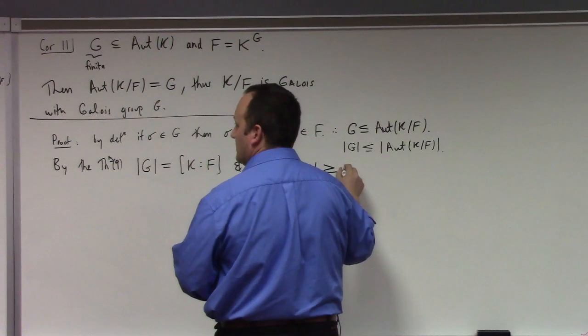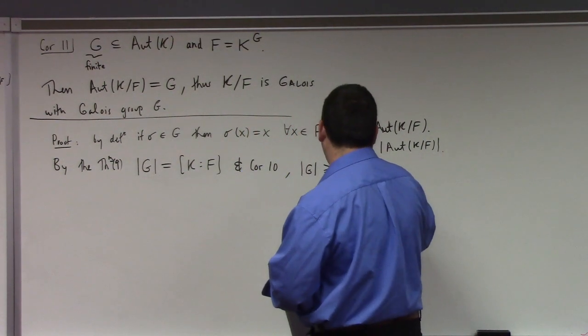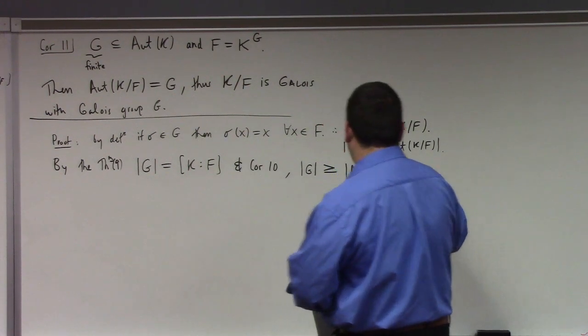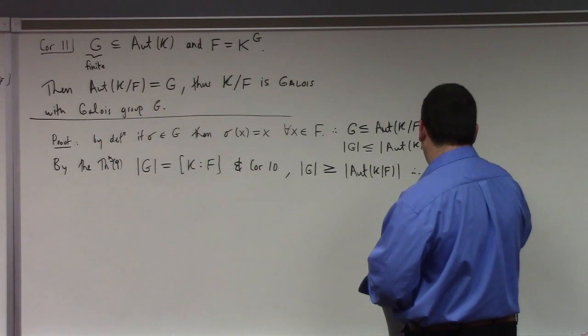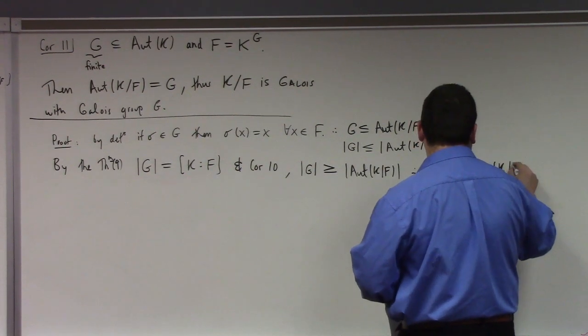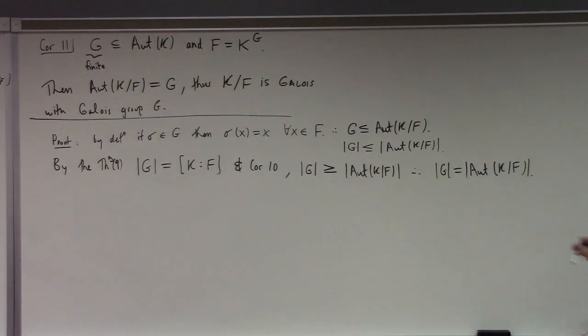Greater than or equal to the, what is it? Oh, Aut K over F. Thank you, I'm too close to it. And so therefore, the orders are equal. And since we're dealing with finite groups, if you have a subset of a finite set which has the same size as the set, they're equal. So that's where the finiteness is important.